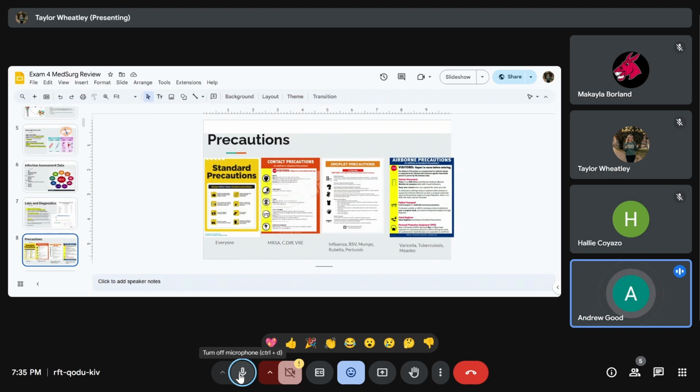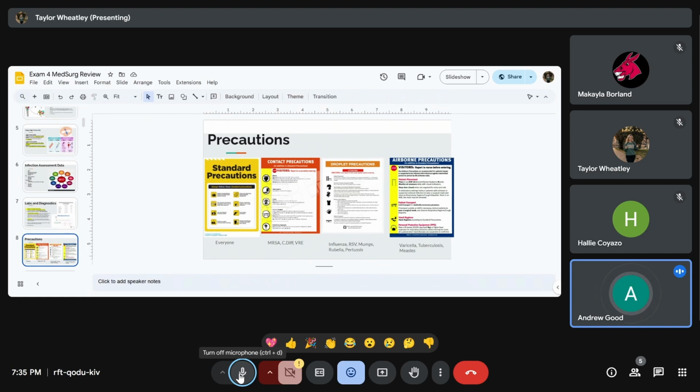Precautions. I'll run through these relatively fast. This should have been covered first semester as well. Standard precautions are used for everybody. Contact precautions: this is your gloves, gowns. Used for MRSA, C. diff, and VRE. Droplet precautions: this is where you have to wear a mask, but also typically gown and gloves.